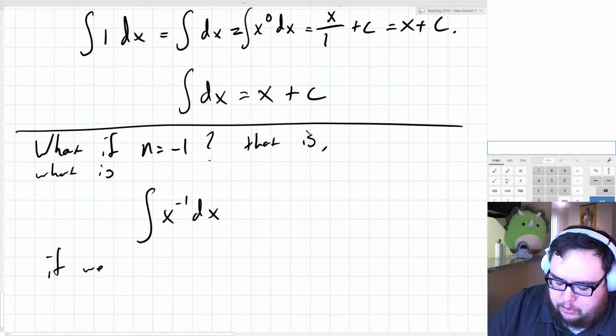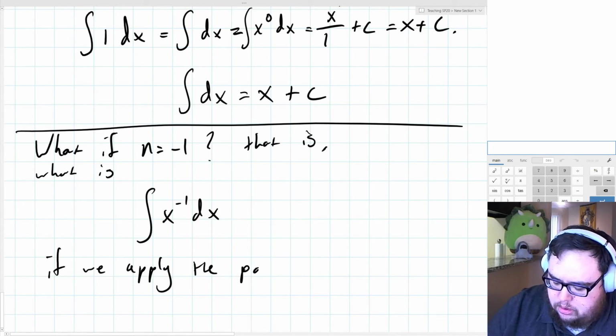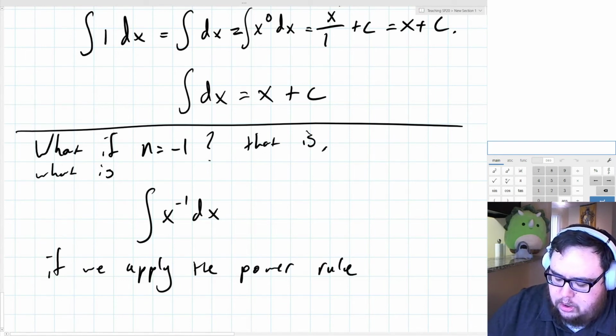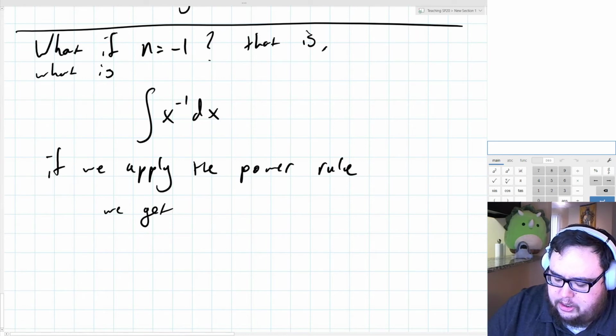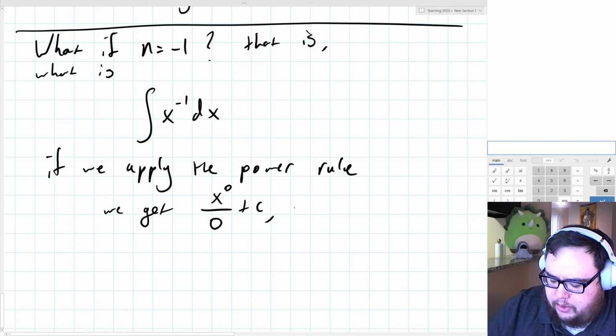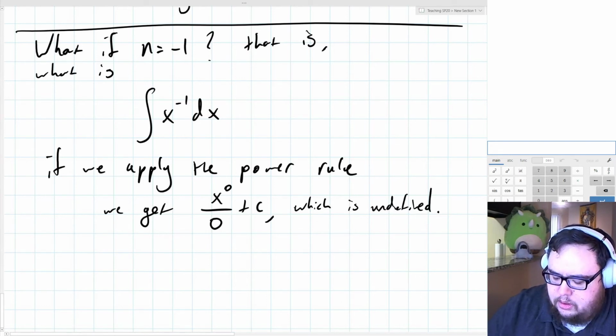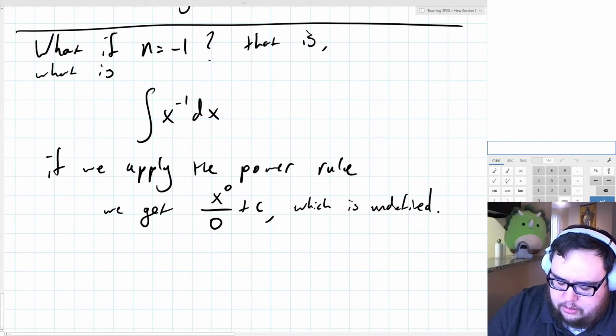If we apply the power rule, we get x to the 0 over 0 plus a constant, which is undefined. So that doesn't work.